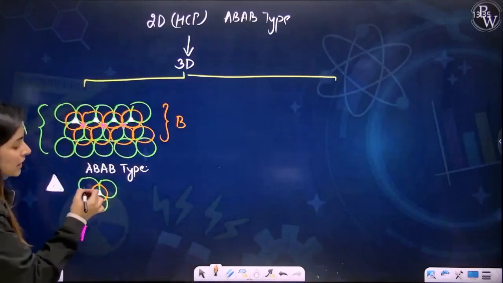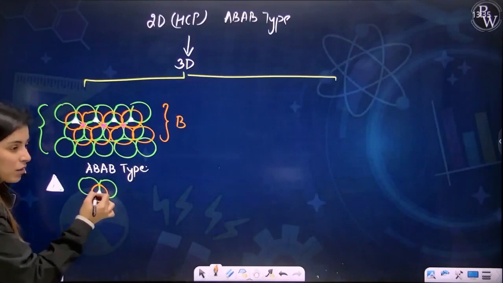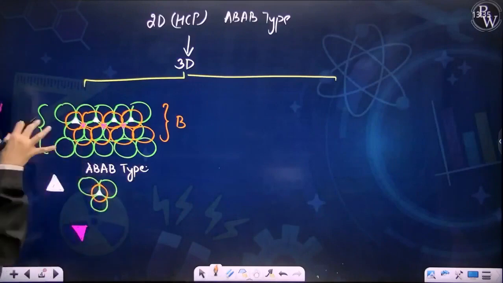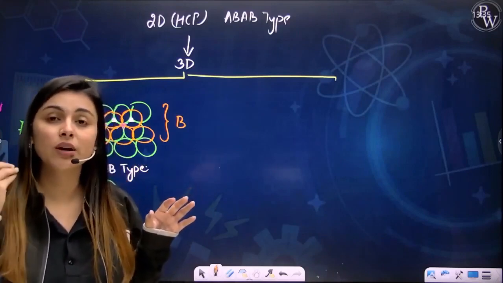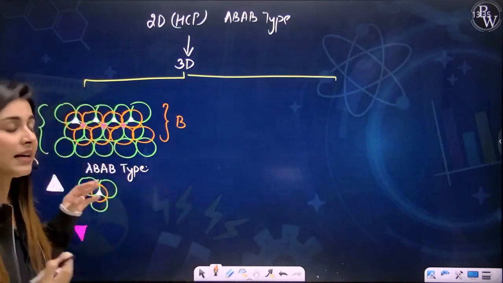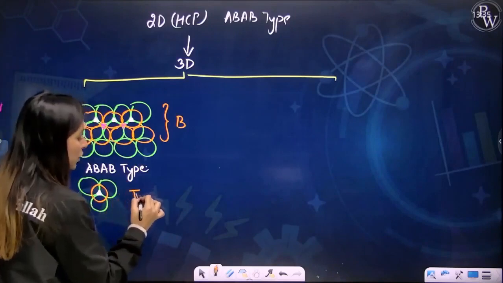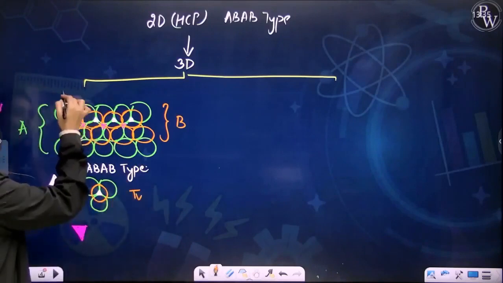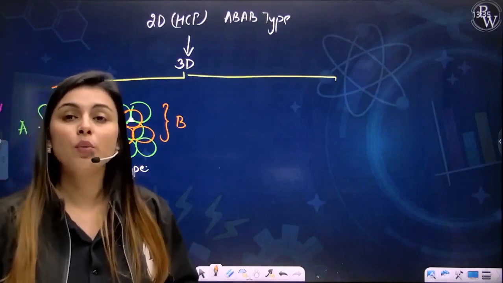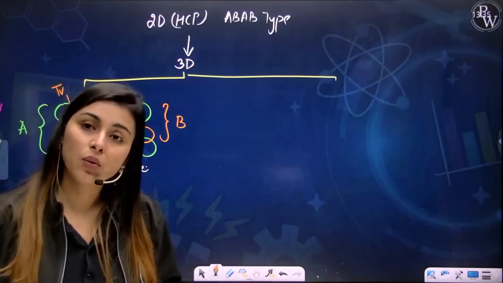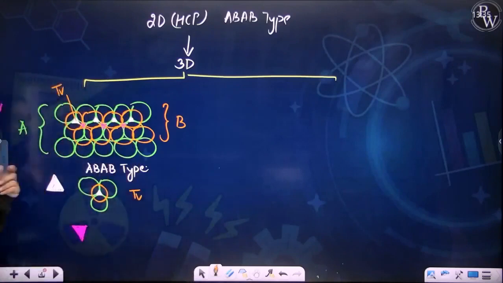If you see that three atoms are making a void and a fourth atom is above it, can I say that it is a tetrahedral void? So all the white parts are your tetrahedral voids here.